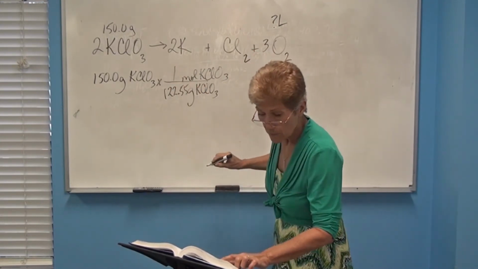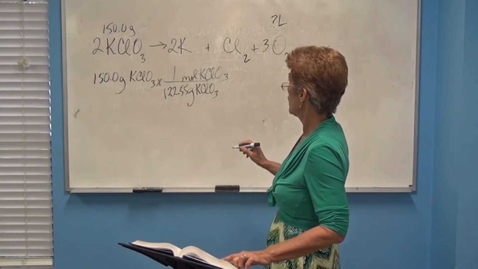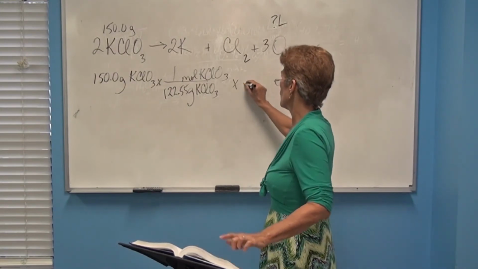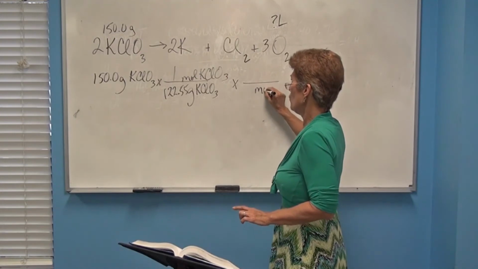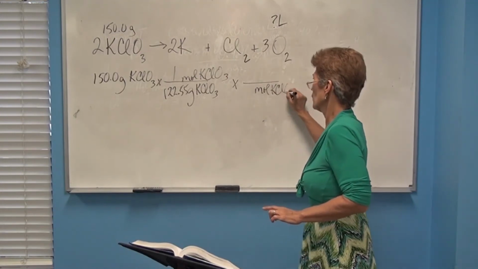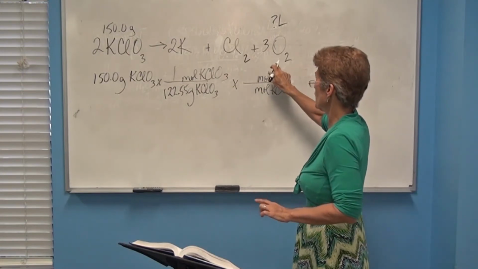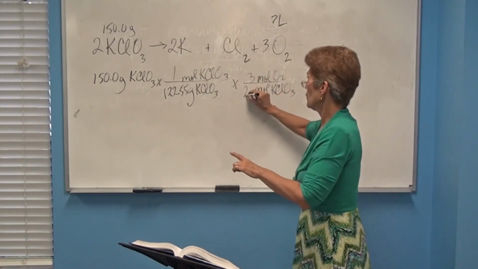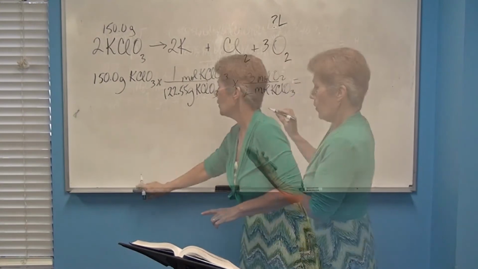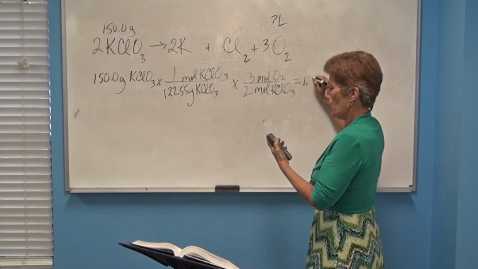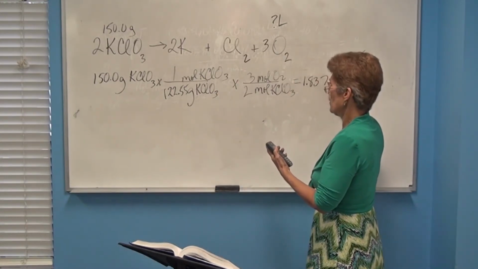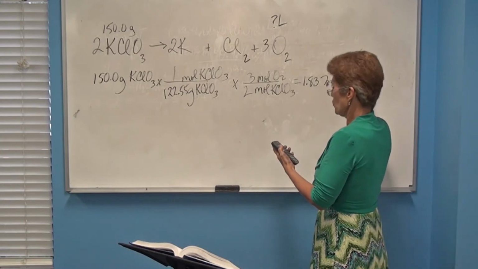Let's go over to the moles of this guy. Okay, so now we go moles to the moles O2, because this is where we're trying to go, right? 4 significant figures, 1.837 moles of O2.